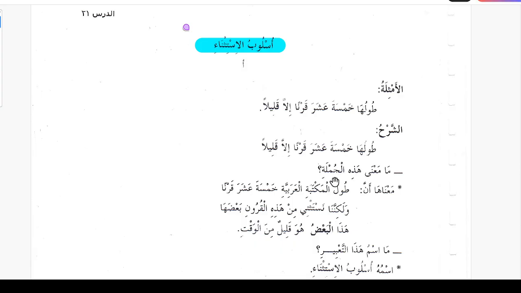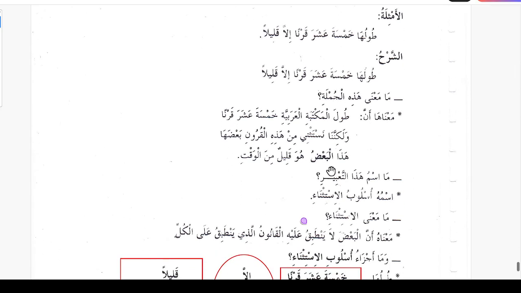Ma mana hazihil jumlati. What is the meaning of this sentence? Its meaning is that the length of the Arabic library is 15 centuries.